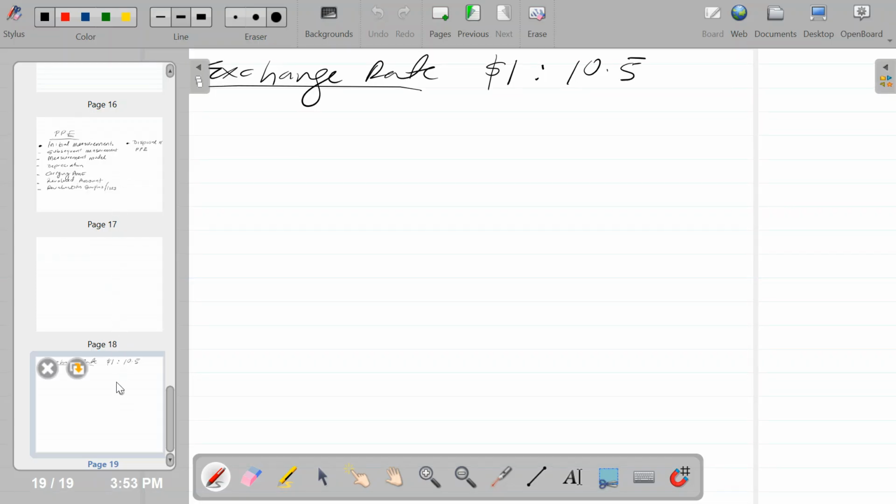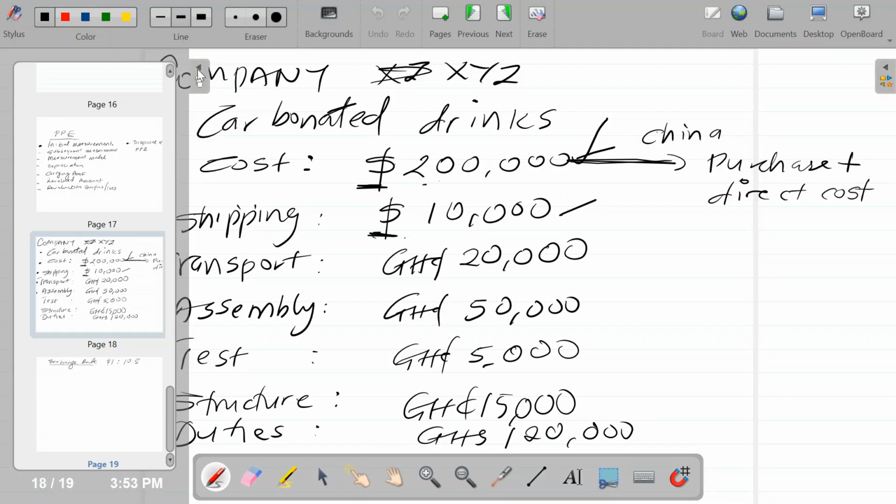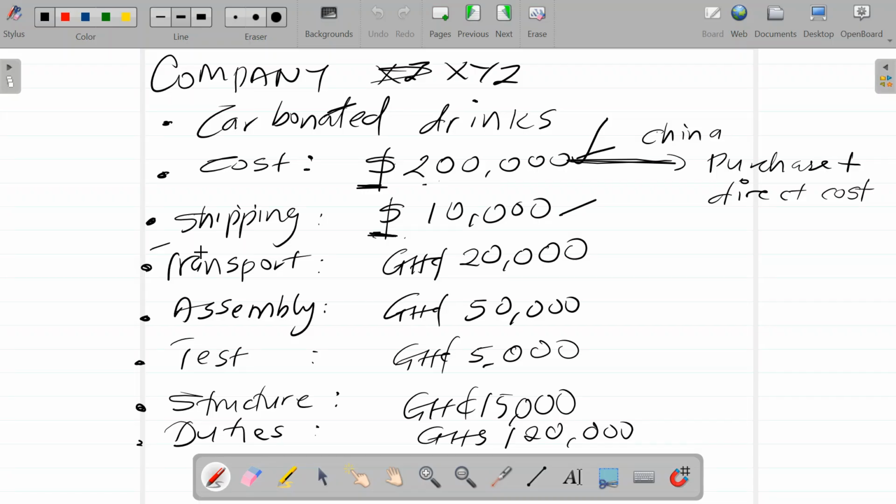At what point does initial training cost, for instance, come in? If it will be a one-time training cost because of the machine, maybe we need operators. They don't know how to operate it, so it will probably be part of the testing.